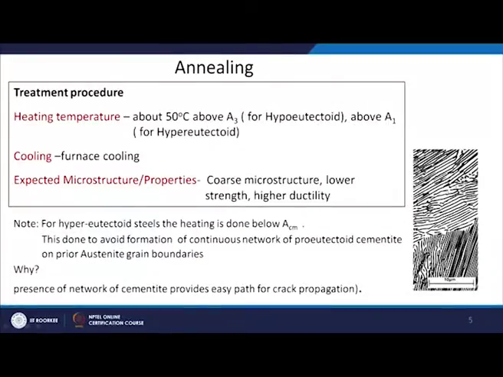So, this presence of a network of cementite provides an easy path for crack propagation. We have not discussed crack propagation yet, but right now you take it from me that this type of microstructure is not good for mechanical properties. So, I do not want a continuous network of cementite forming. That is why for annealing I am going to heat at a temperature above A1, not Acm.